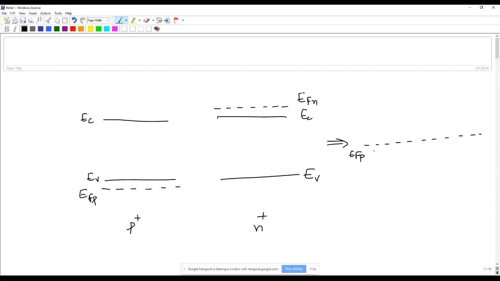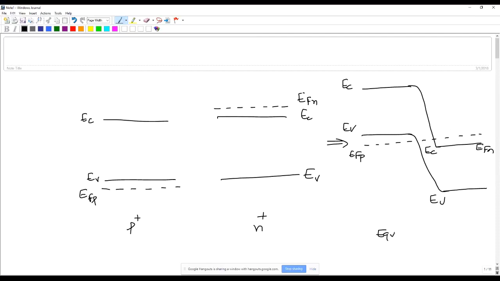So you have EFP and EFN. So you have EC, EV. Okay. This is before the junction is formed, and the diagram on the right is when you have equilibrium.